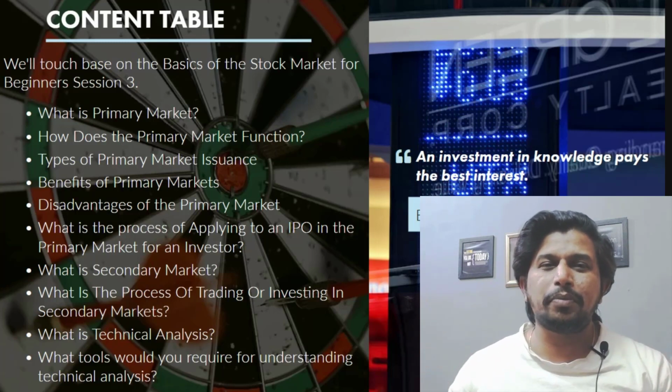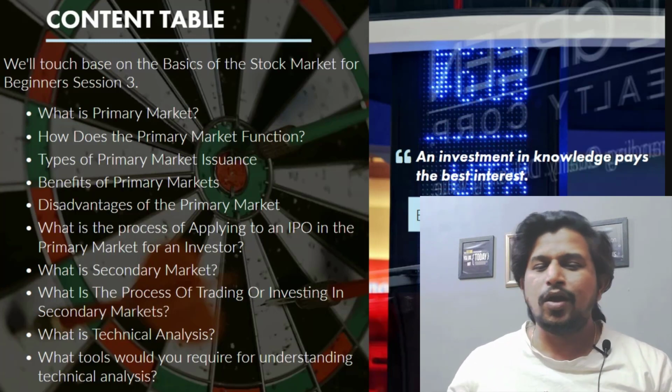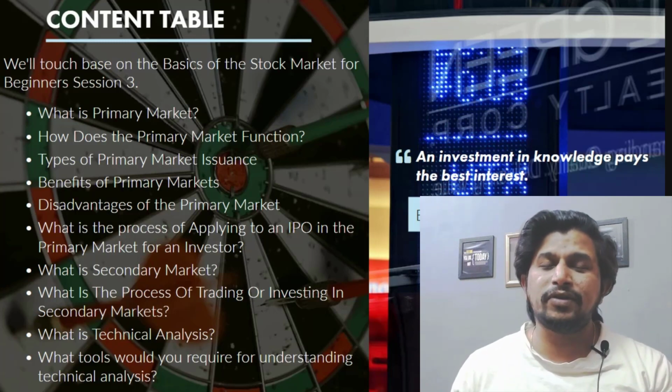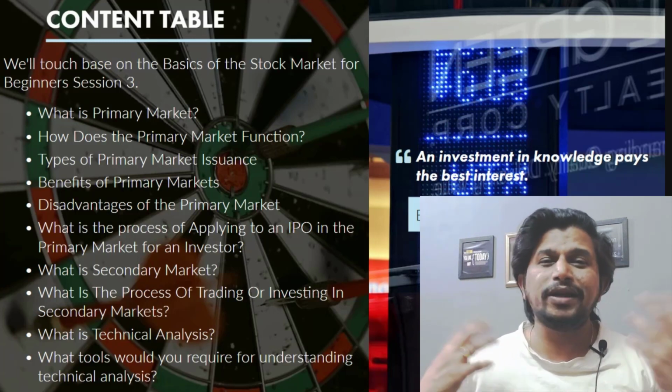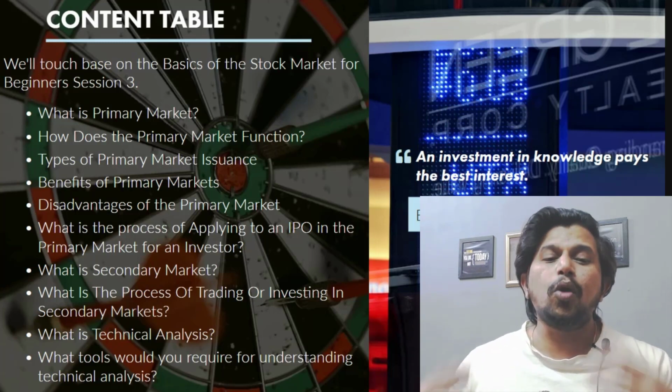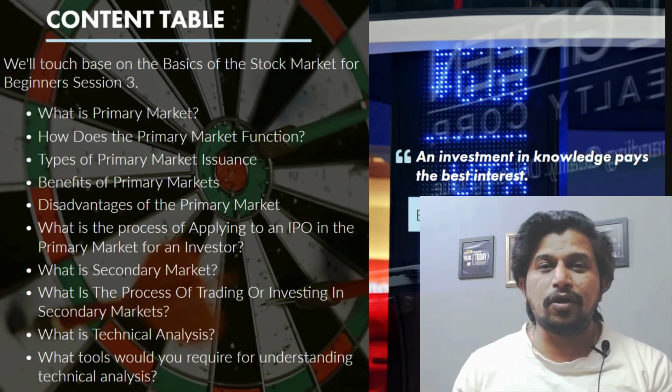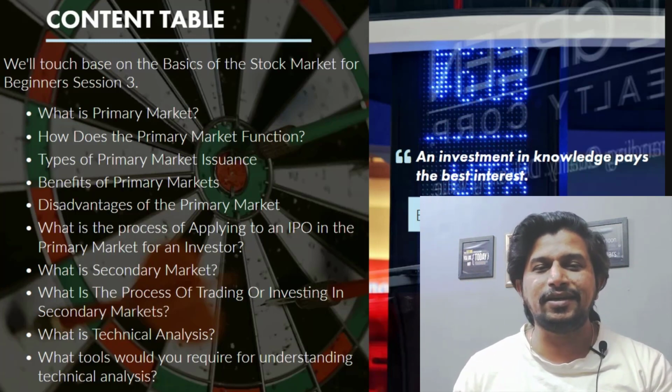You probably know about primary and secondary market. We'll just deep dive into that. And what is the process of trading or investing in the secondary market, what is technical analysis, what tools would you require for trading with technical analysis as an indicator.